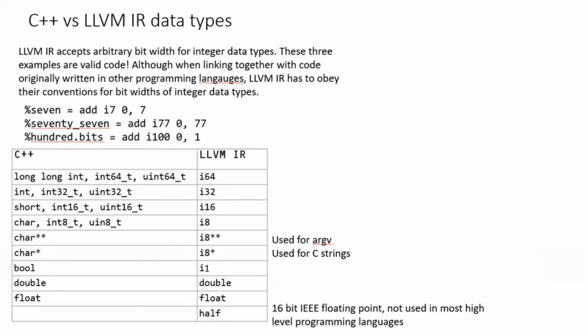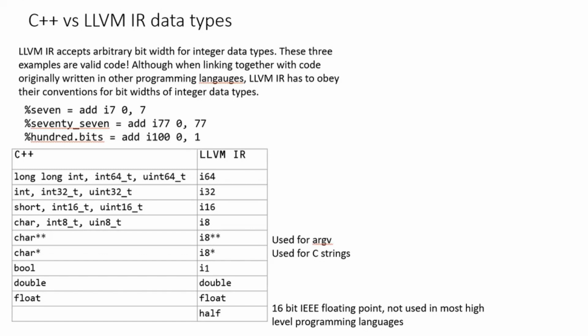So you have the following data types in LLVM intermediate representation. Basically, the difference between LLVM and C++ is that LLVM accepts arbitrary bit width for integer data types. So all of these three examples are valid code.